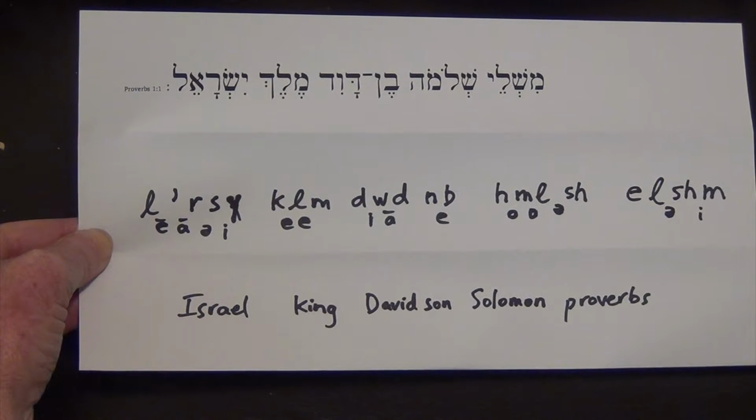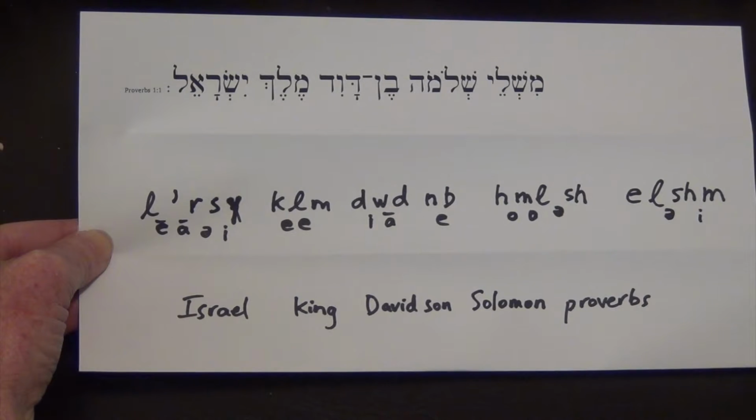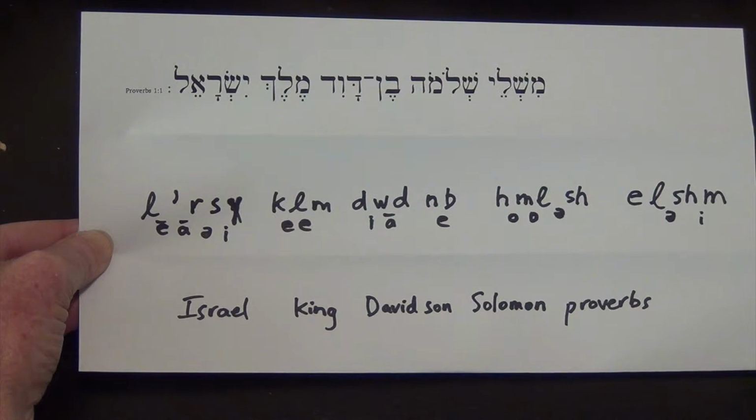So instead of the vowels of the word king, Melech, the vowels of the Hebrew word bosheth, shame, Molech, bosheth. The Bible does use scathing parodies like this, and that's apparently what's been done there with the word Molech in 2 Kings 23:10.